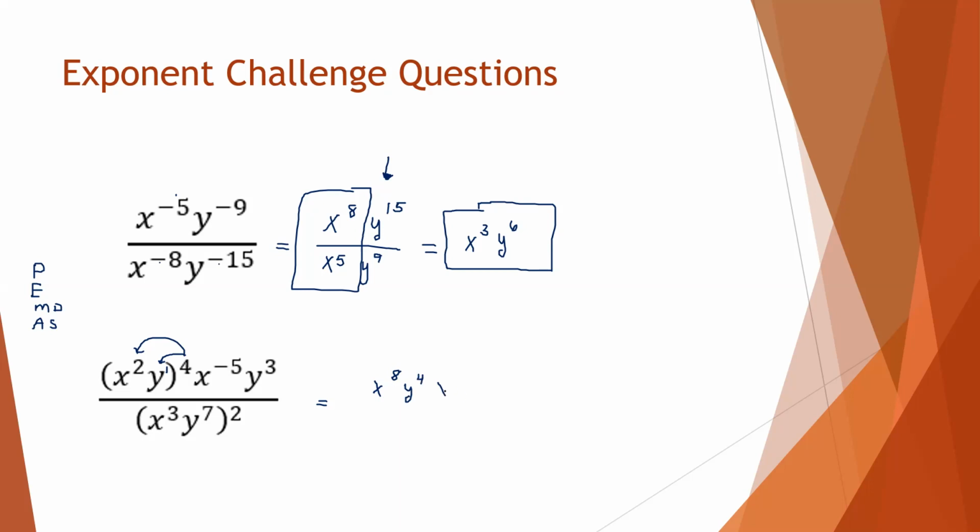I have not touched the remainder of the top, so I still have x to the -5, and still have a y to the 3rd. And then I'm going to do the same thing, dealing with the parentheses and the exponent there on the bottom. Based on the order of operations, that's what's telling me to deal with these parentheses and exponents first. So again, I multiply, so that gives me x to the 6th power and y to the 14th power.